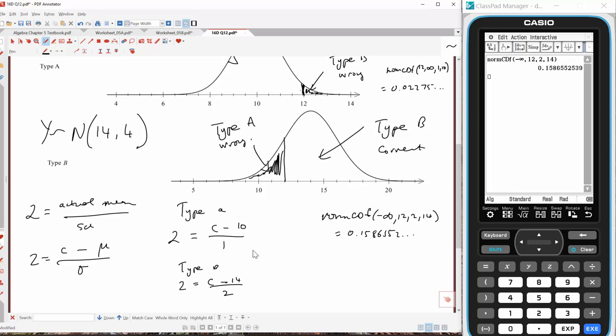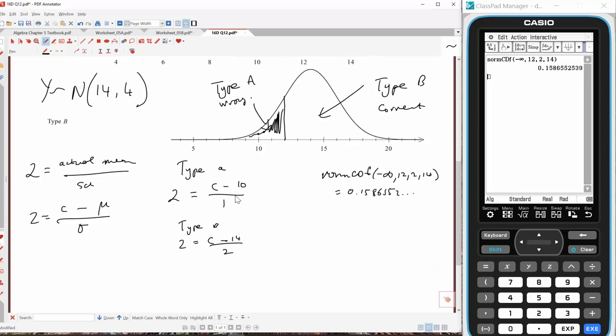Now what I want to do is make these equal. So I want the probabilities to be equal. So I want the probability that Z is larger than, now looking at the Z distribution, C take away 10 over 1, to be the same as the probability that Z is less than C take 14 over 2.